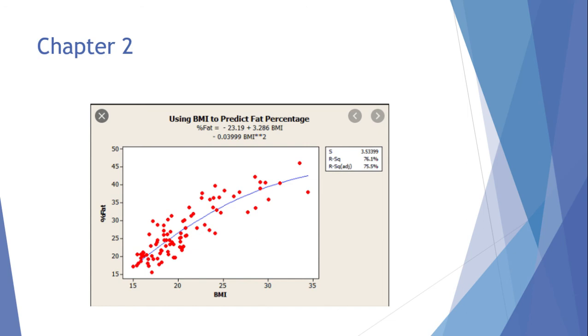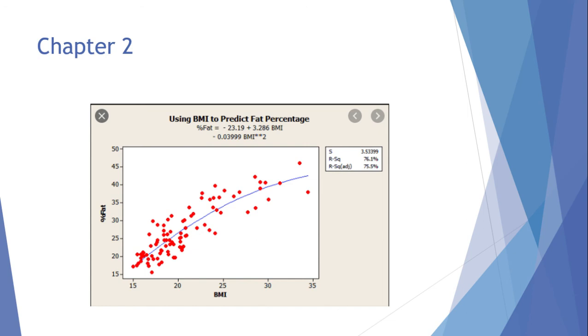And then on the y-axis is your percent body fat, how much of your weight is in fat versus muscle, bone, etc. And so what they found with this data, each one of those red dots is a person in the sample, and they measured that person's BMI, their weight, and then they also measured using some sort of technology what percent of fat that person has in their body, ranging, as you can see, from 15 on the low end up to 40, like 45% on the high end.